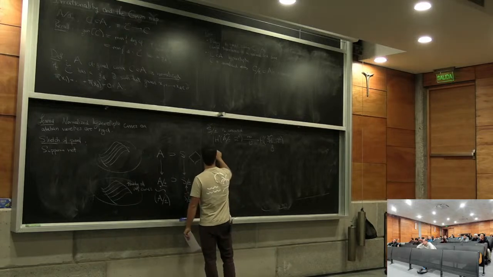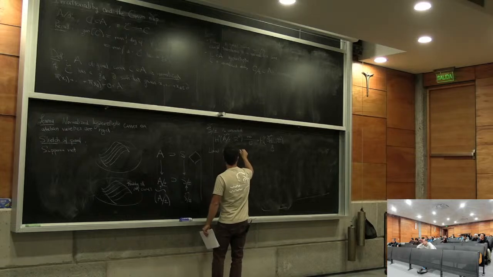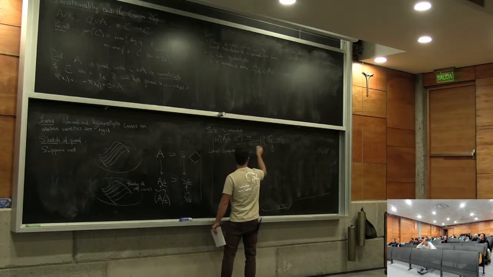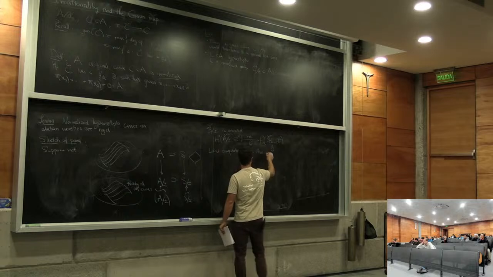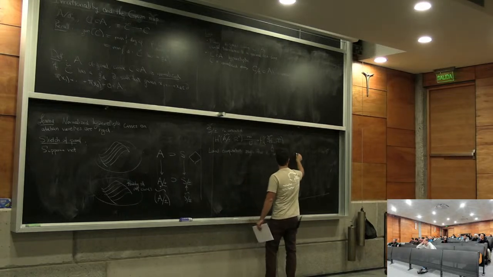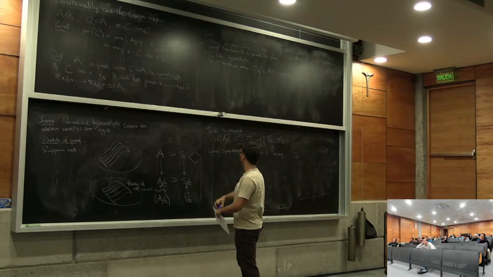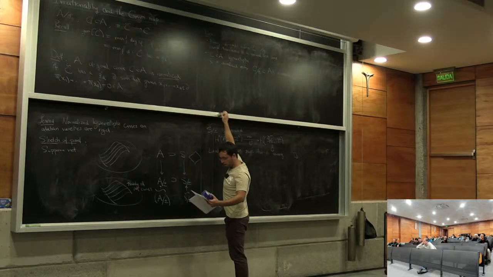So local computation says this is nonsense. This is wrong. Okay, so this completes the proof. I hand waved a little bit, but this is correct. Any questions about this argument?